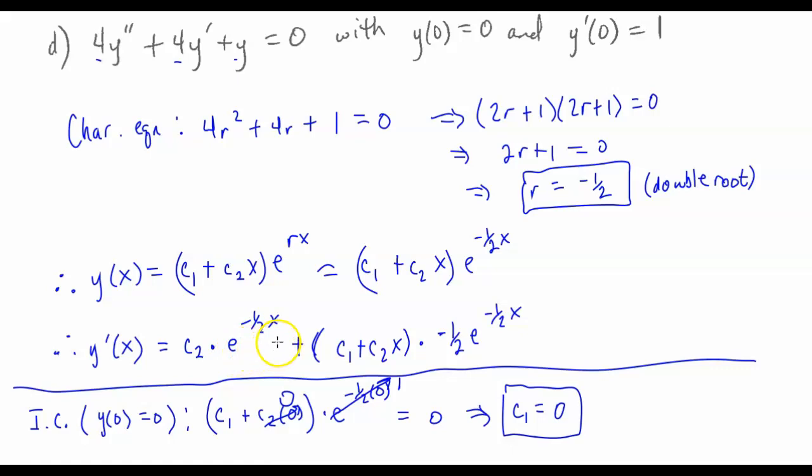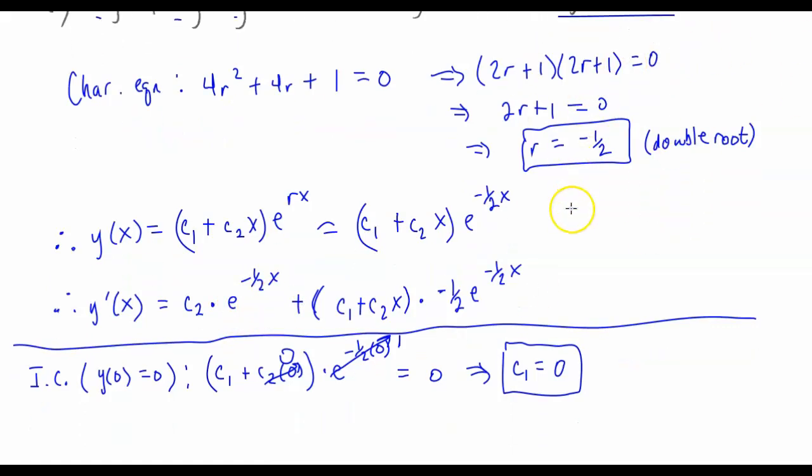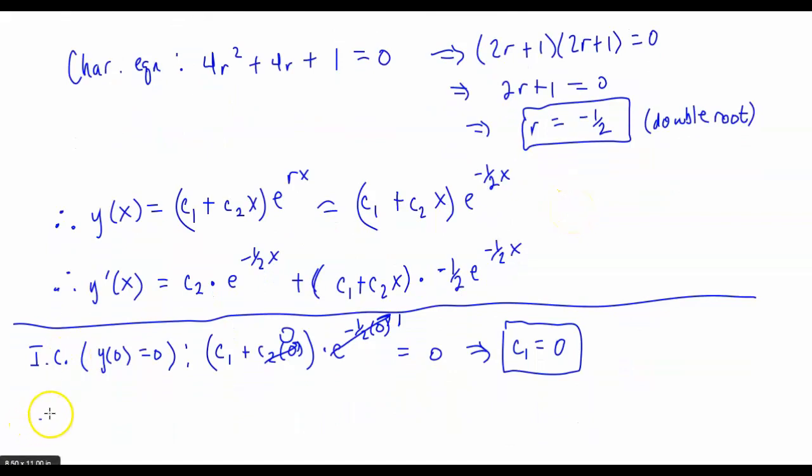So now using the other initial condition, y prime of 0 is equal to 1. We see here we have y prime here. So all I need to do is substitute in 0 for x and 0 for C1.